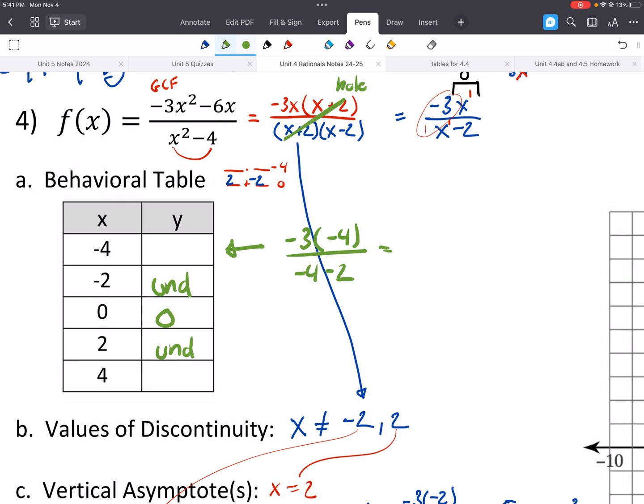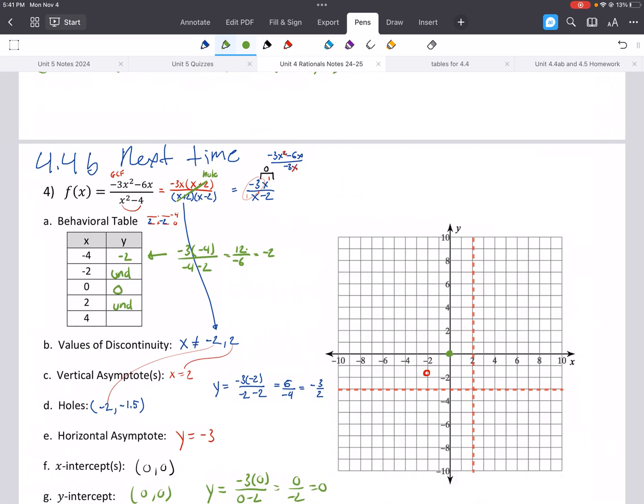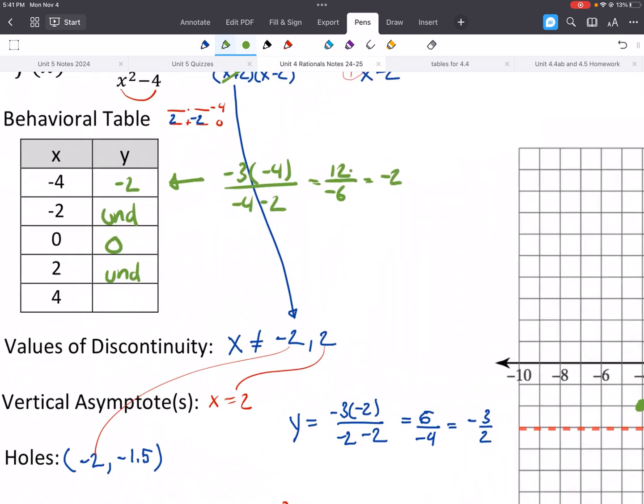Again, use your calculator as much as you want to simplify that stuff. I think you end up getting 12 over negative 6 or negative 2. So we put that there, and we could plot that right now. So negative 4, negative 2, which is right about there. And then we'll do the same for 4.